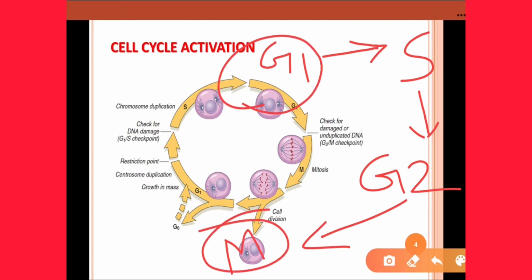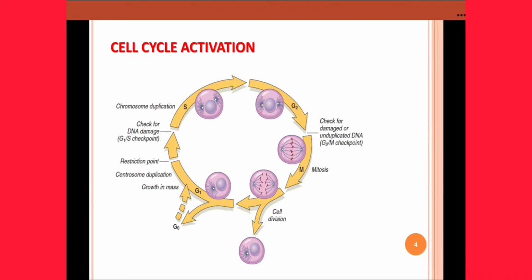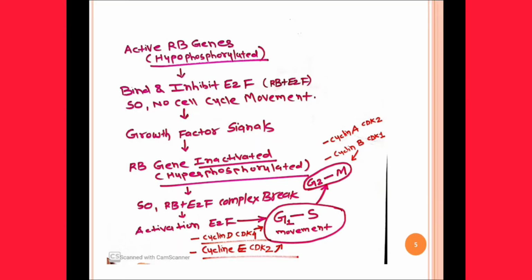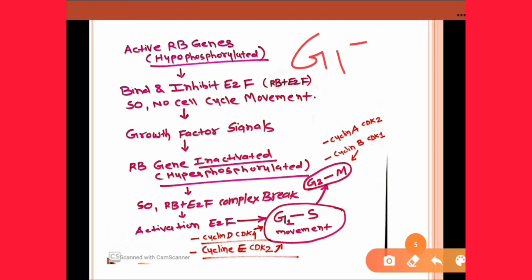So this movement from G1 to M is known by the name cell cycle, right? Now we will understand how the cell will move from G1 to M stage, right? There are certain steps which lead to cell cycle movement. So we will understand how it happens.